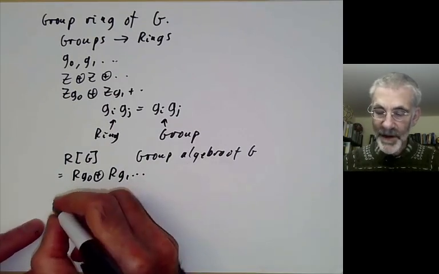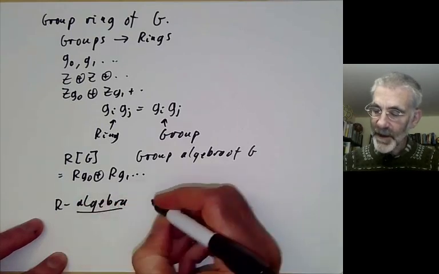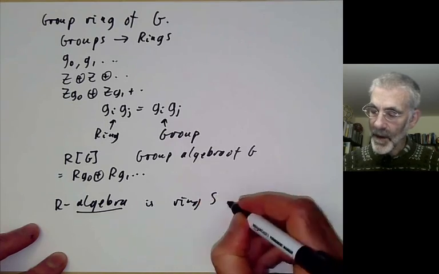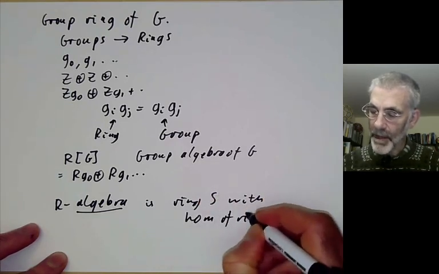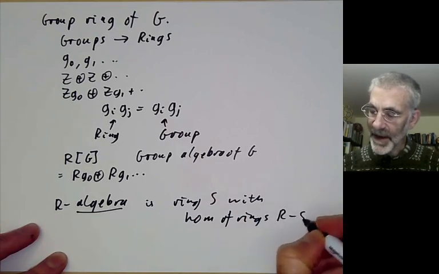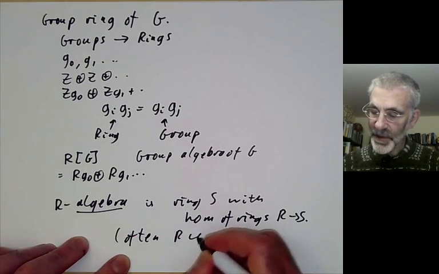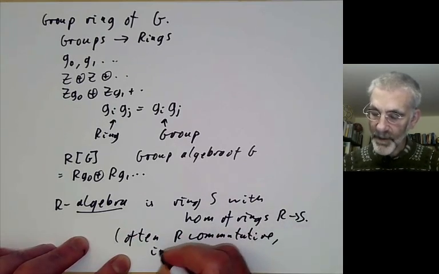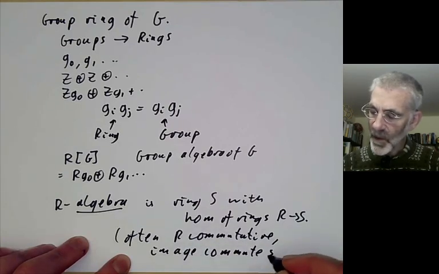And I should say here that an R algebra is just a ring S with a homomorphism of rings from R to S. Often we assume R is commutative and its image commutes with S.